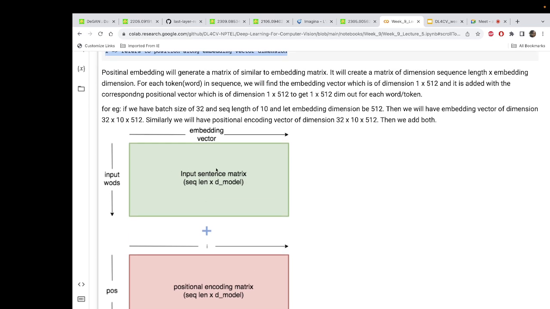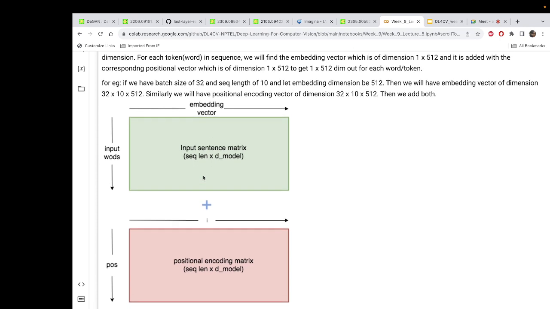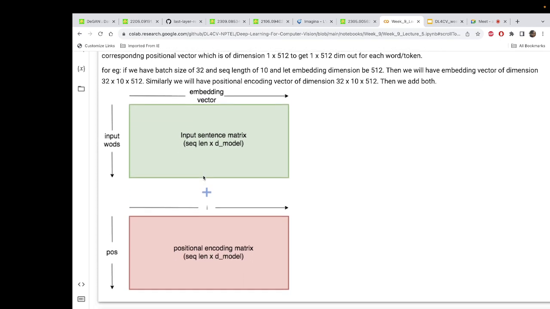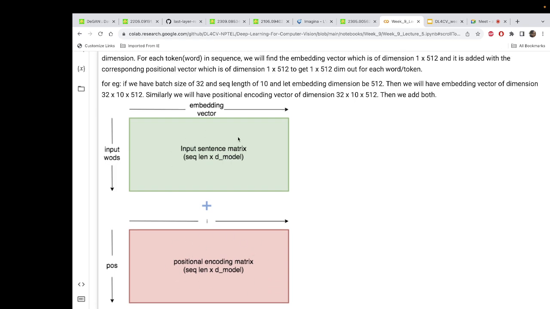The idea here is given by this picture: if we have so many input words, and this is our embedding vector, the input sequence matrix will have a dimension of sequence length cross the embedding size. Now, based on the words we will find out the positional encodings as well, and we will also have a similar matrix like this which we are going to add.